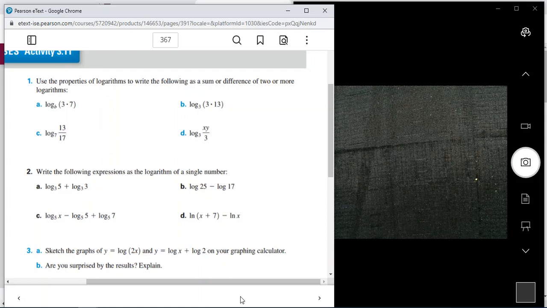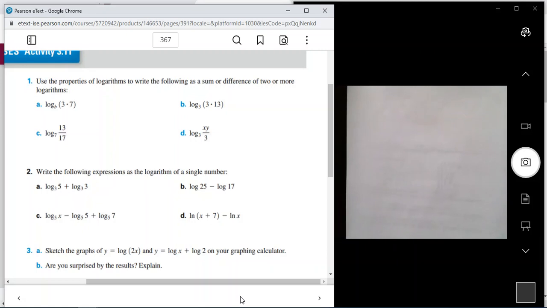Let's see, number 5. I think number 5 you can handle on your own too with your calculator. So I'll do problems 7 and 9. So let me move on to problems 7 and 9.